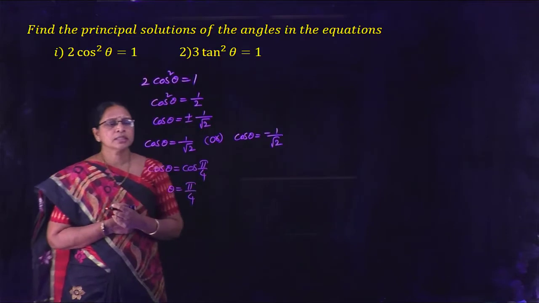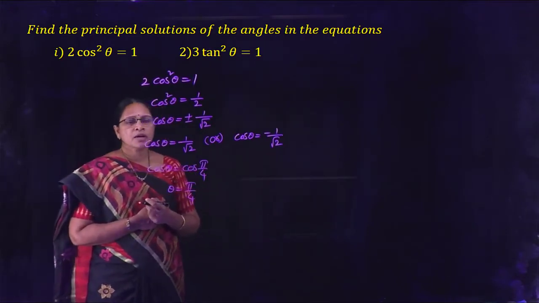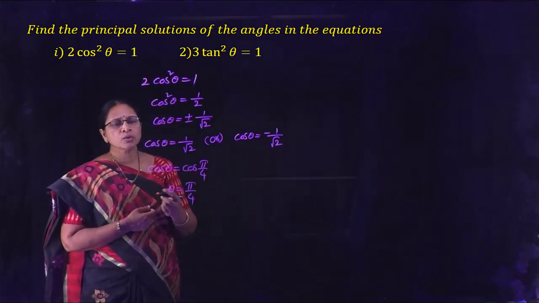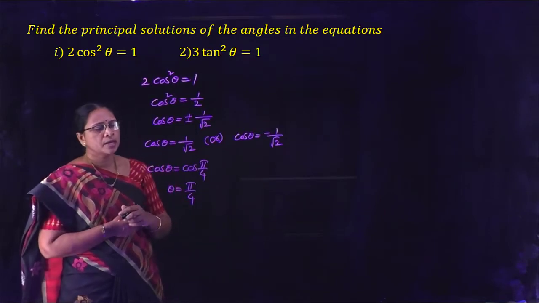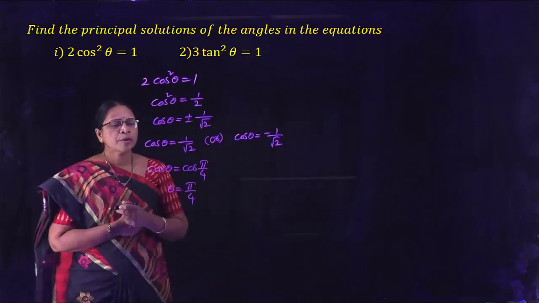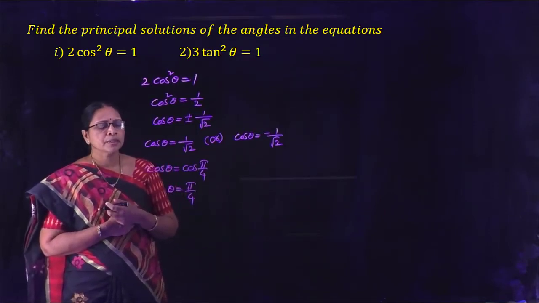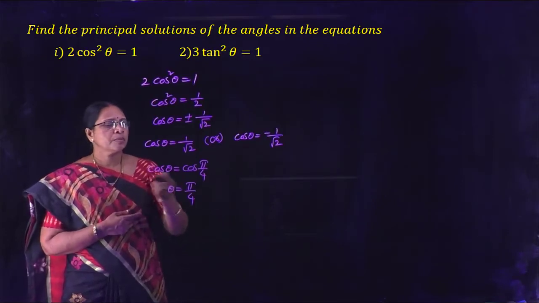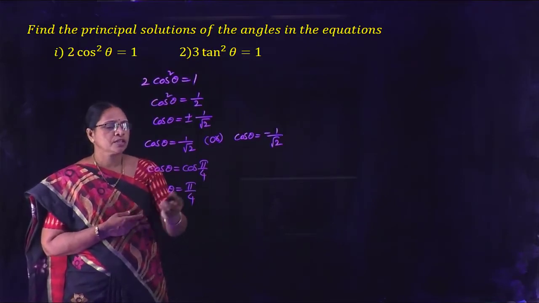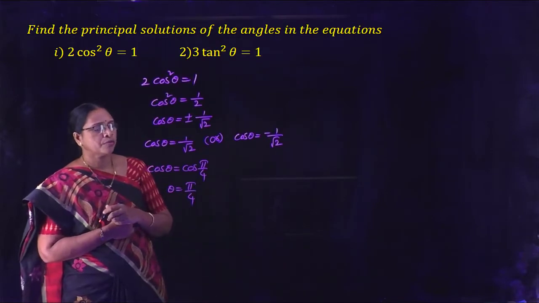We know that the principal domain of cos theta equal to k is the closed interval 0 comma pi. Here theta equal to pi by 4 lies in the principal domain. Therefore, the principal solution of this equation is theta equal to pi by 4.